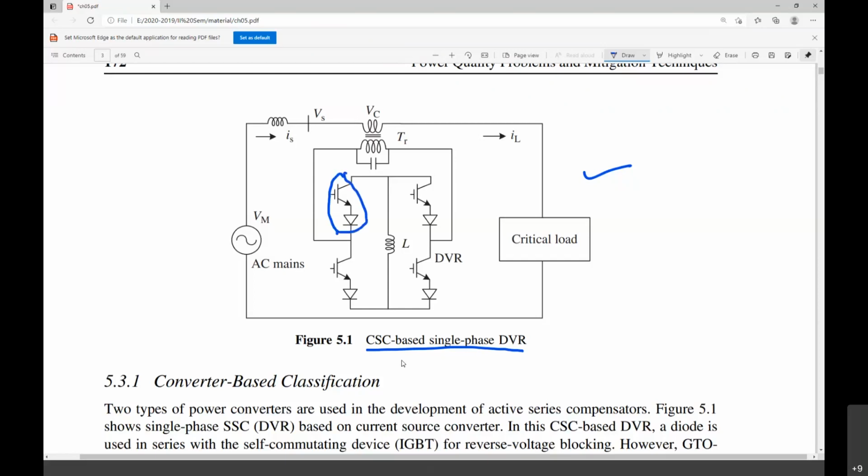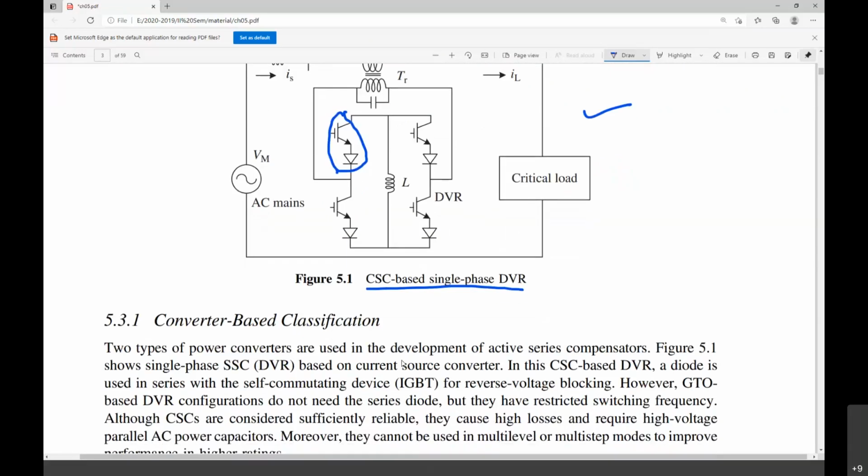If you are trying to inject a particular voltage, we can operate so that the current flows this way, through this diode and this way.